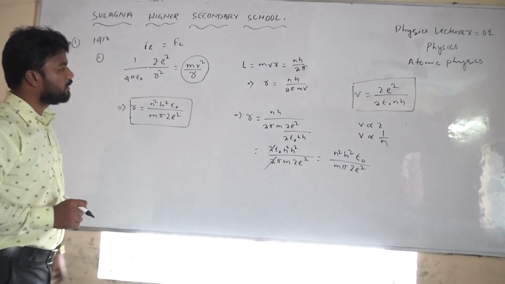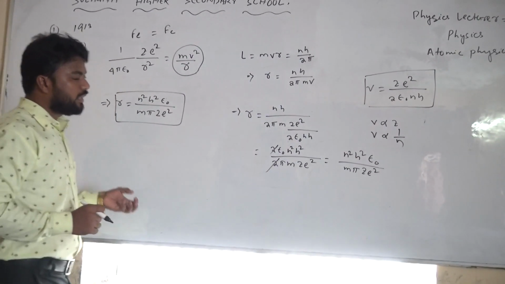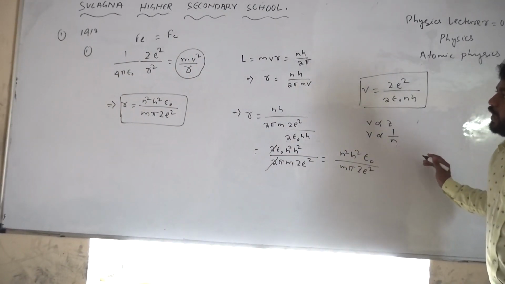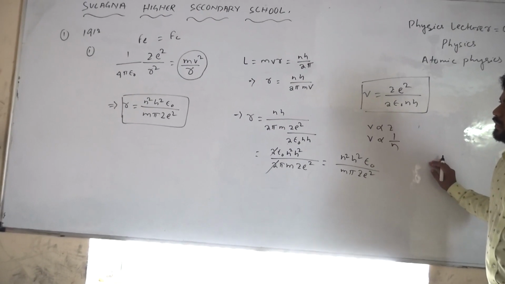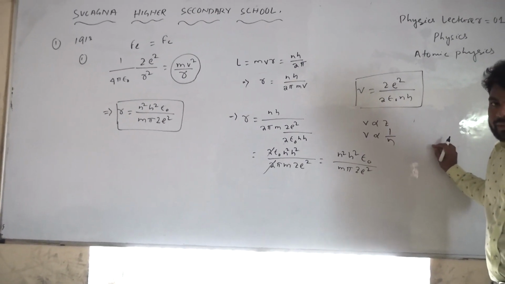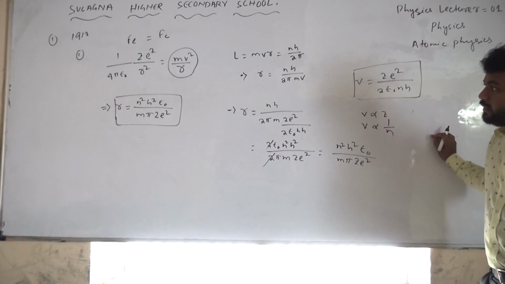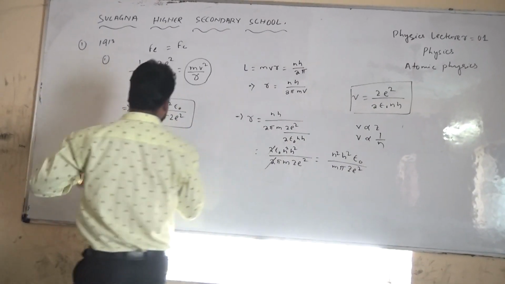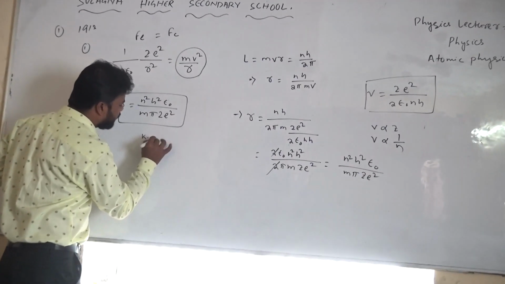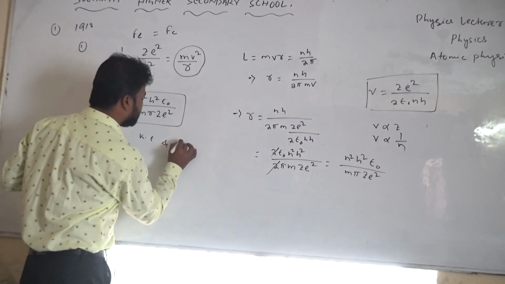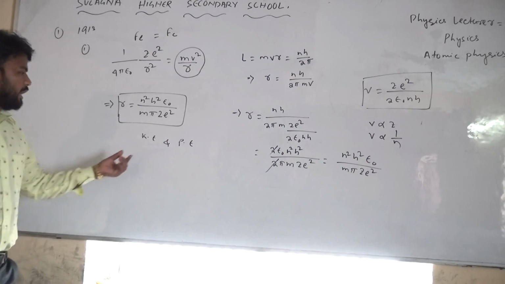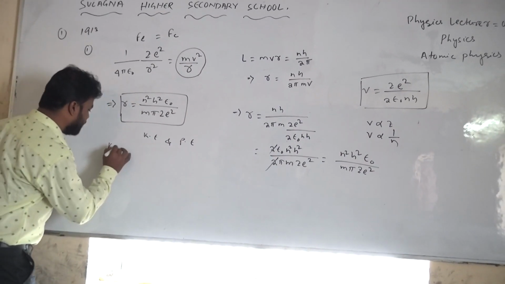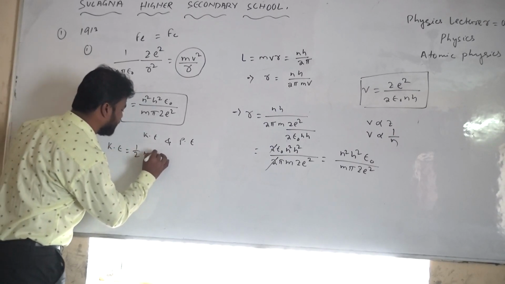Now we can calculate the total energy of an electron in a specific orbit. Two types of energy we know: first is the kinetic energy and another is the potential energy. Kinetic energy, we know classically, is half mv square.